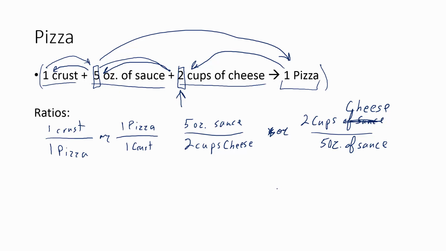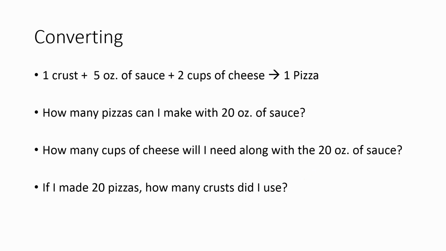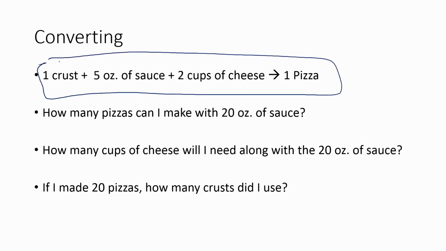So let's do just that. If I have that equation, I'm going to use it and say, how many pizzas can I make with 20 ounces of sauce? You probably just said 4, but let's look at it mathematically so we can see how we would do this if these answers weren't so obvious or chemical in nature. So I say 20 ounces of sauce.